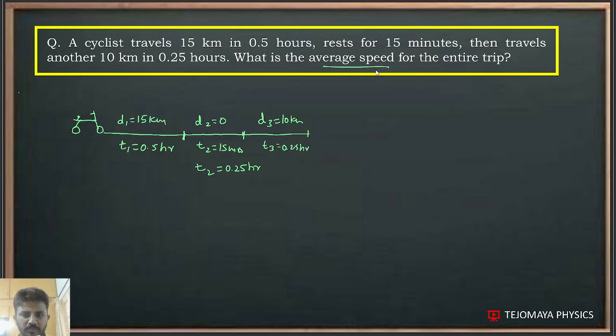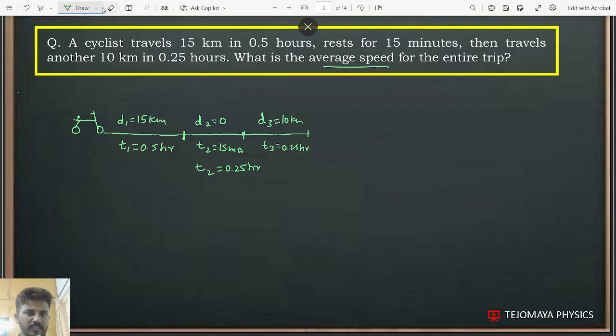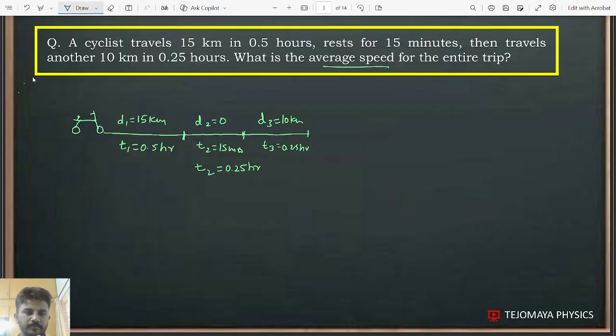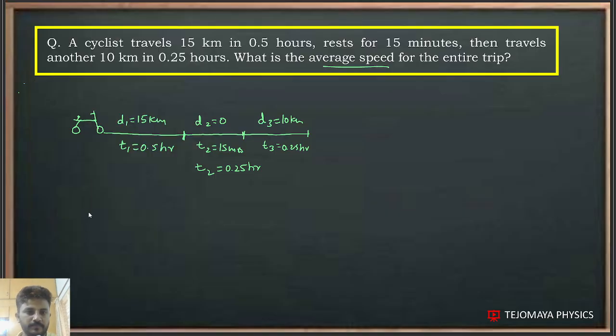What is the average speed? The average speed is given by total distance traveled divided by total time taken. Correct, no?